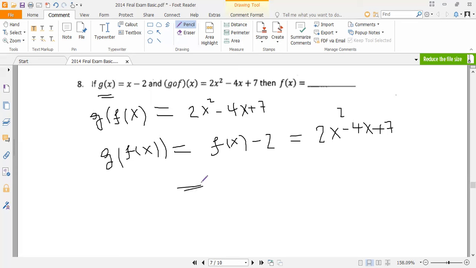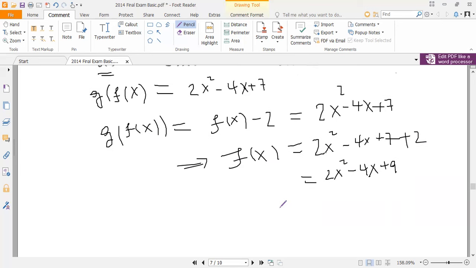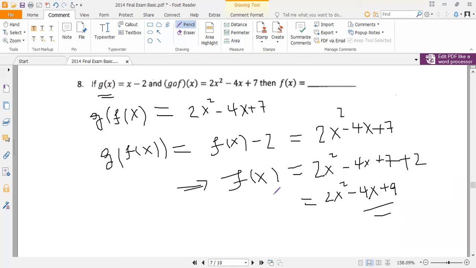So f of x is equal to 2x squared minus 4x plus 7 plus 2, which is 2x squared minus 4x plus 9. So this is the f of x value.